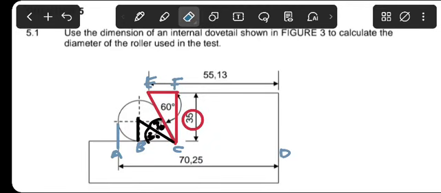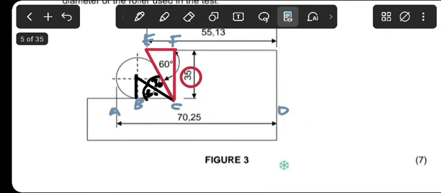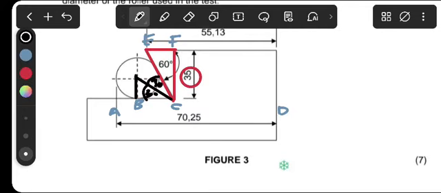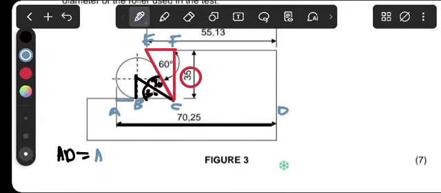All right, so this is what we have. Let's check the length AD, guys. The length AD is equal to what? AD must be equal to the sum of AB plus BC plus CD.